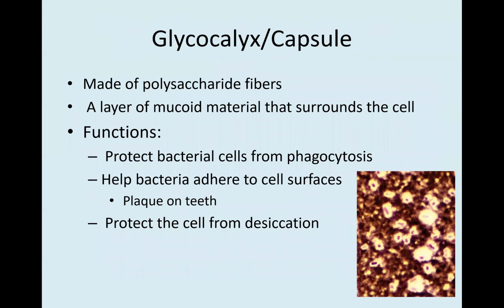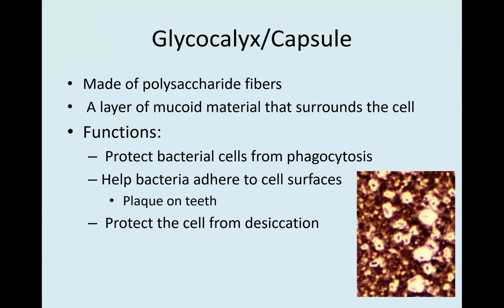All right, now thinking about other structures we could potentially see, some microorganisms will have a capsule. When we think about bacteria, we can talk about them having a glycocalyx or capsule. It's made up of polysaccharide fibers, and it's a layer of mucoid material that surrounds the cell.